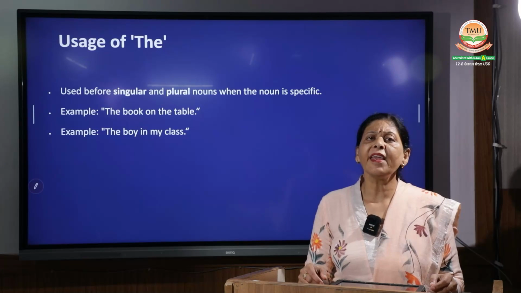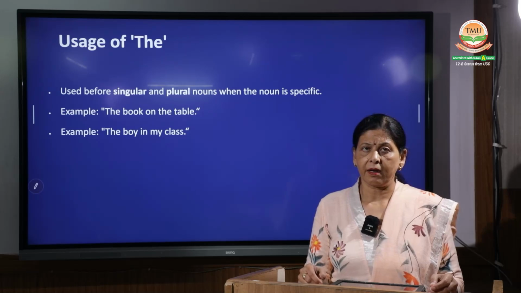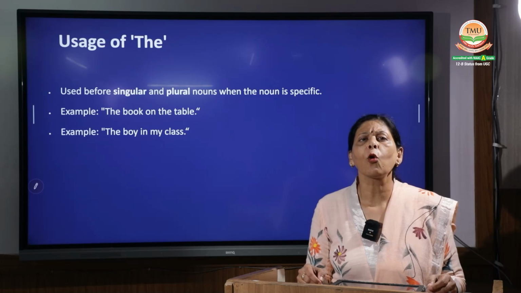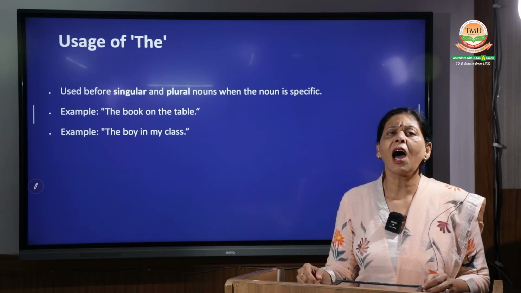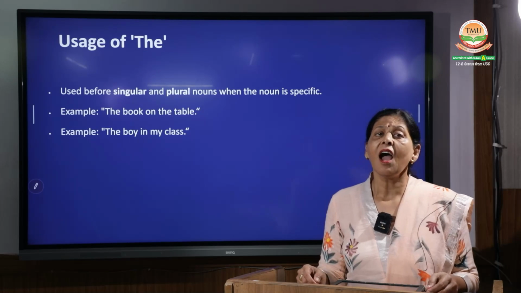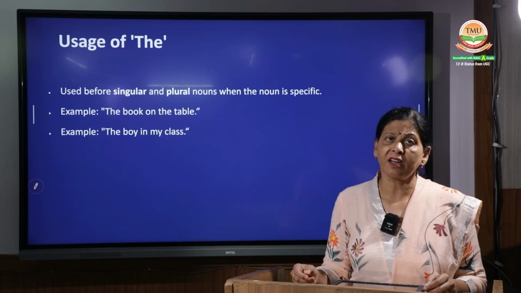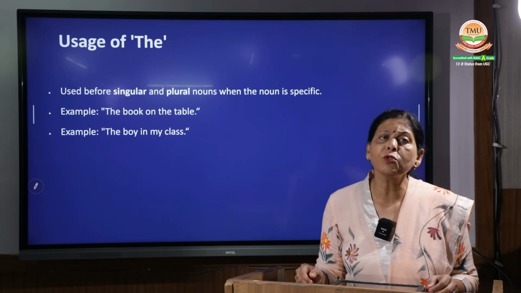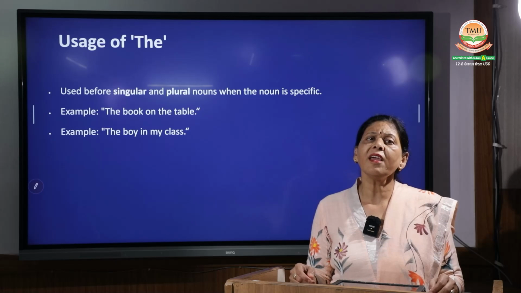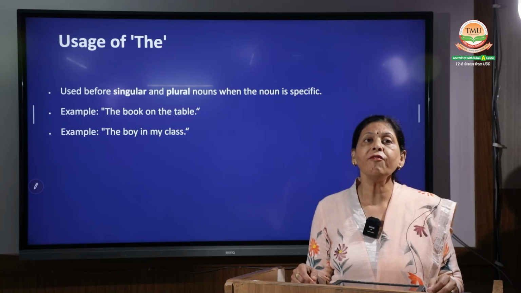I saw boys playing in the garden. The boys are making a lot of noise. So what did I see? I saw many boys. They were playing in the garden. Now when I am referring to that particular group of boys, I say the boys are making a lot of noise.